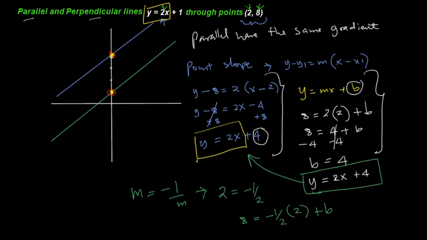If we do the calculations here, you'll find that 8 is equals to, this cancels out, minus 1 plus b. Therefore, b is equals to 9. So the equation of this line will be y is equals to negative 1 over 2 x plus 9. This is the equation of the perpendicular line.